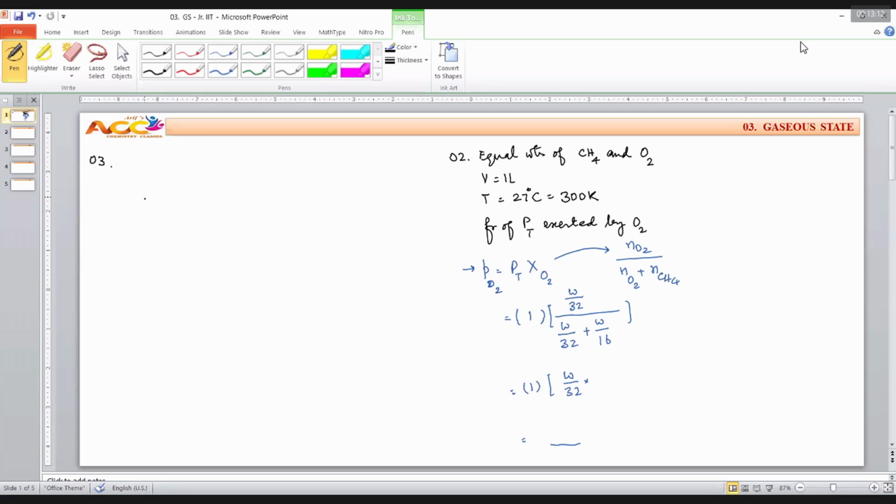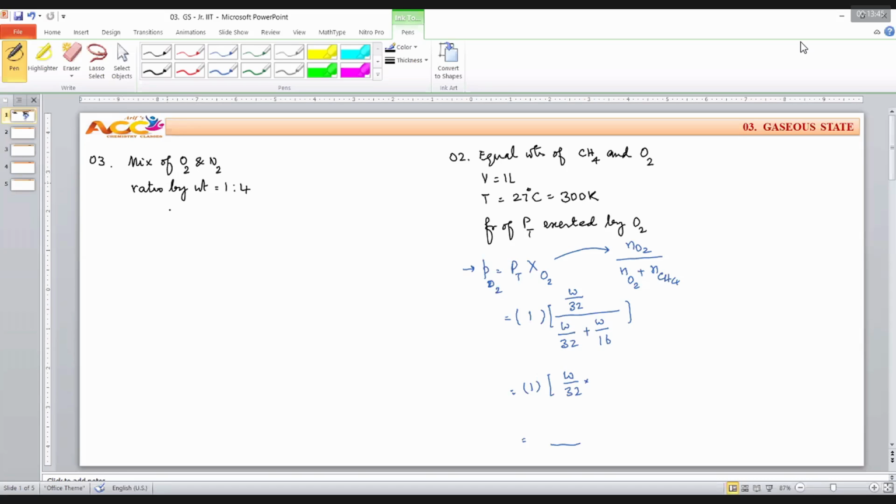A gaseous mixture of oxygen and nitrogen in the ratio of 1:4 by weight. If weight of oxygen is taken as x, it will be 4x.